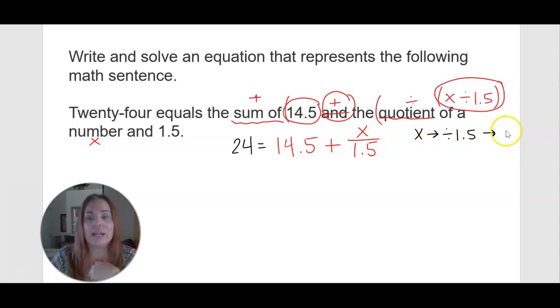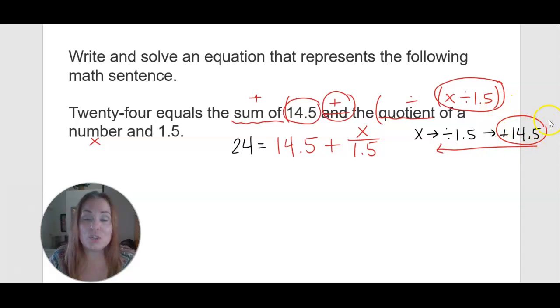Then I would add 14.5. So when I'm solving this equation, I have to do this backwards, and I have to undo each step. So to undo adding 14.5, I'm going to subtract 14.5.